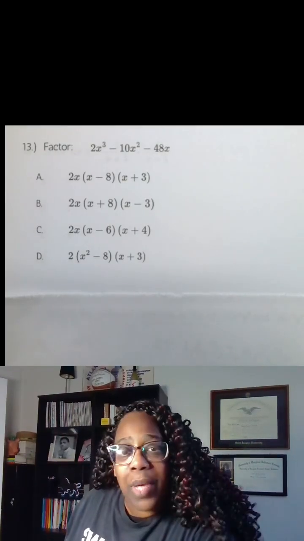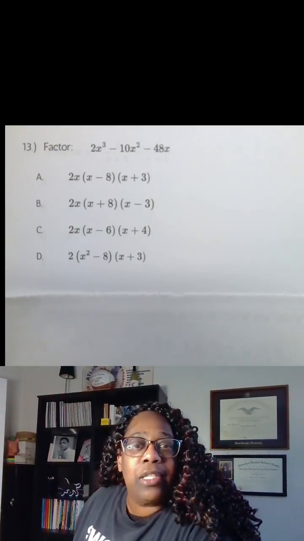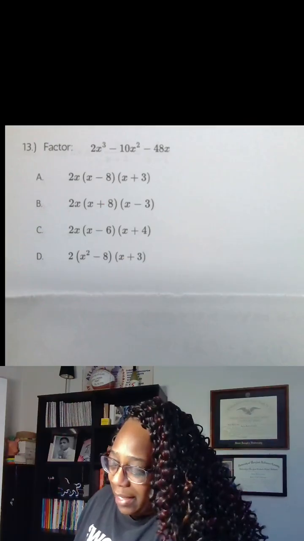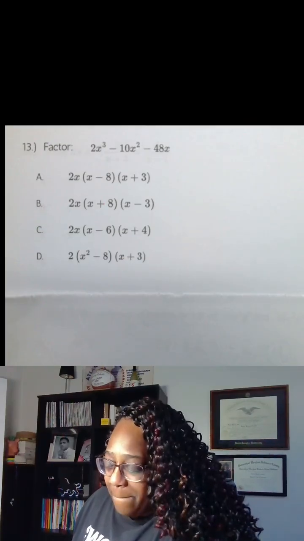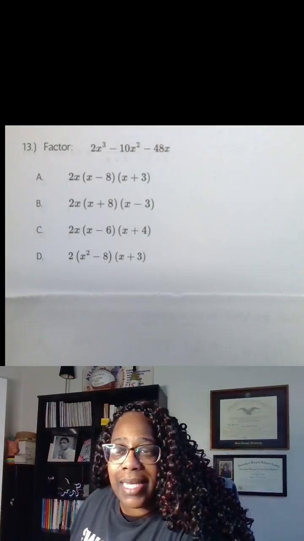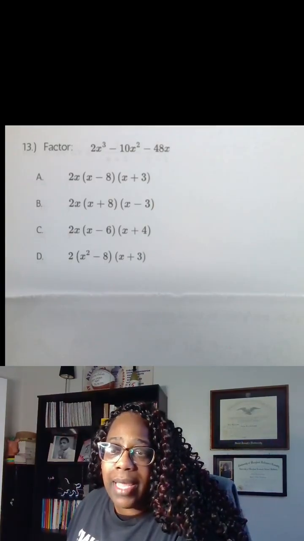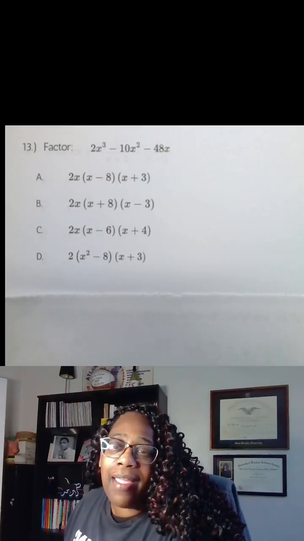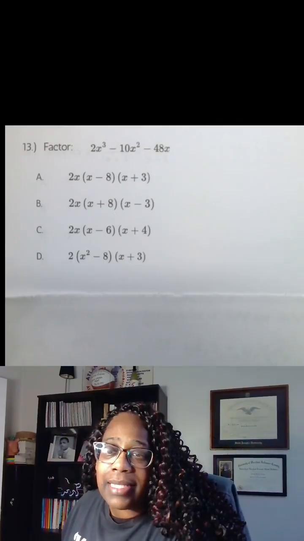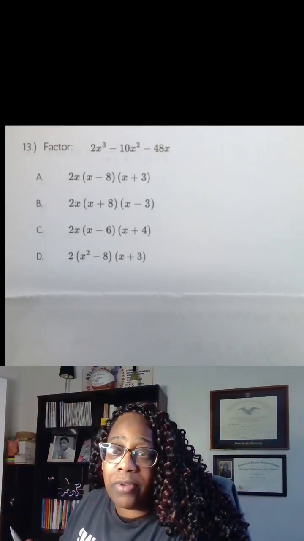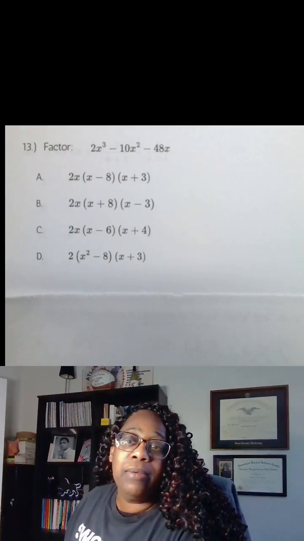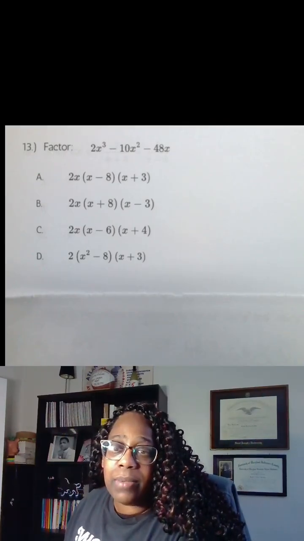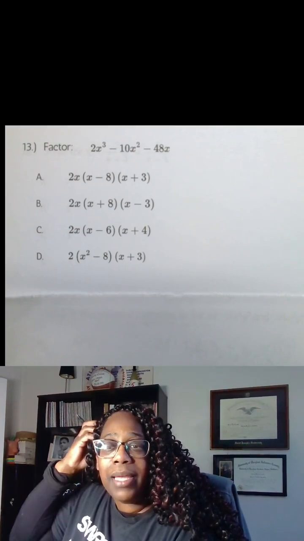All right, so 2x cubed minus 10x squared minus 48x. Is your answer A, B, C, or D? We have a bunch of A's, some D's, a C, and a question mark. Thank you, Robin, for your honesty.